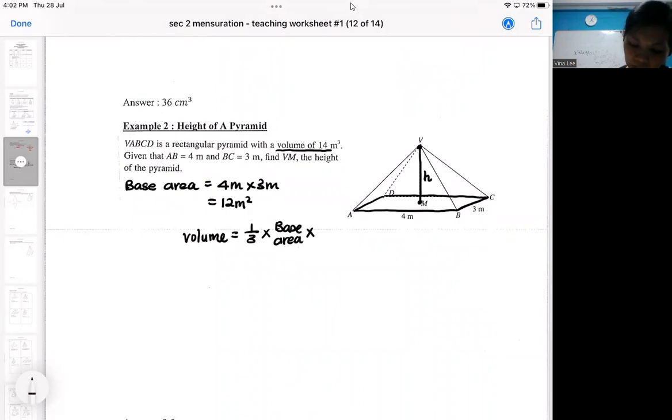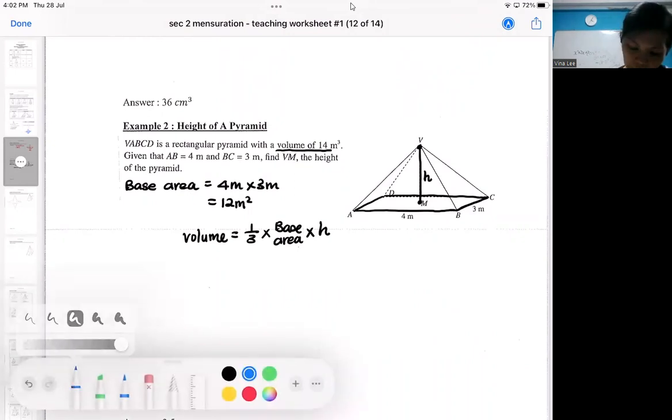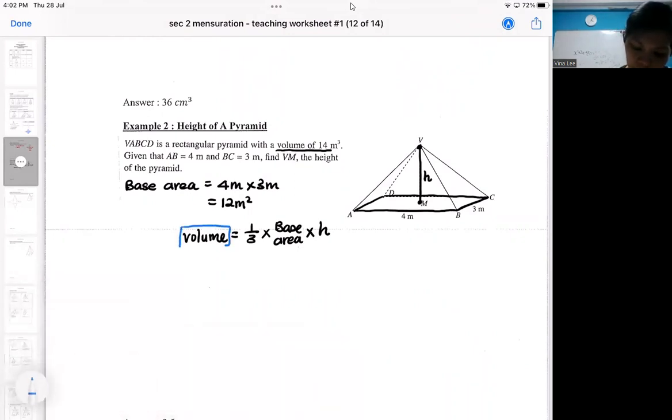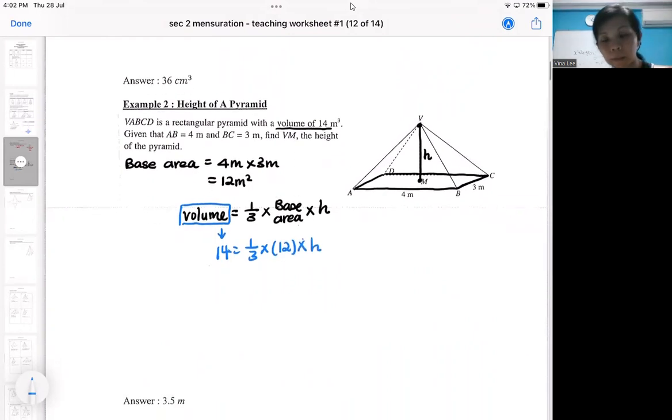So it's 1/3 base area times height. So the volume is 14. The base area we already calculated is 12. So very much set it up like an algebra. Try to have the habit of setting up like an algebra.